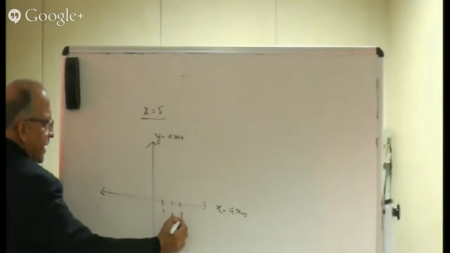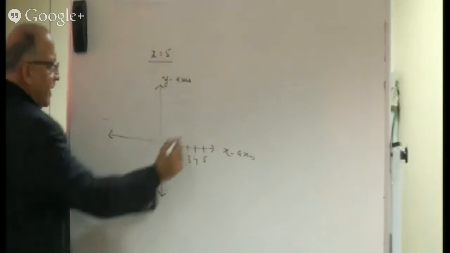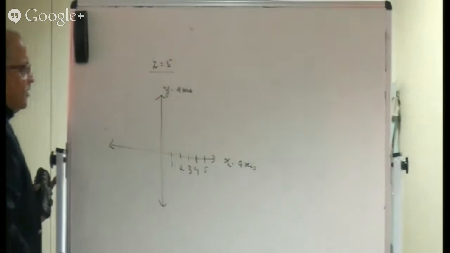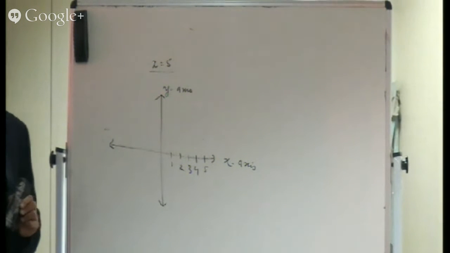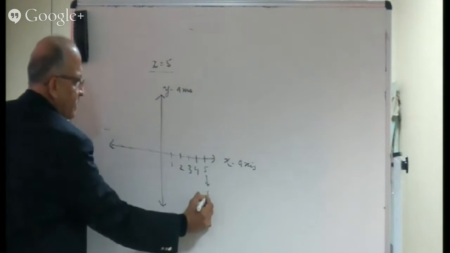This is 1, this is 2, this is 3, this is 4, this is 5. If I take a point here, what will be the x coordinate? 5. What are the coordinates of this particular point? (5, 0).